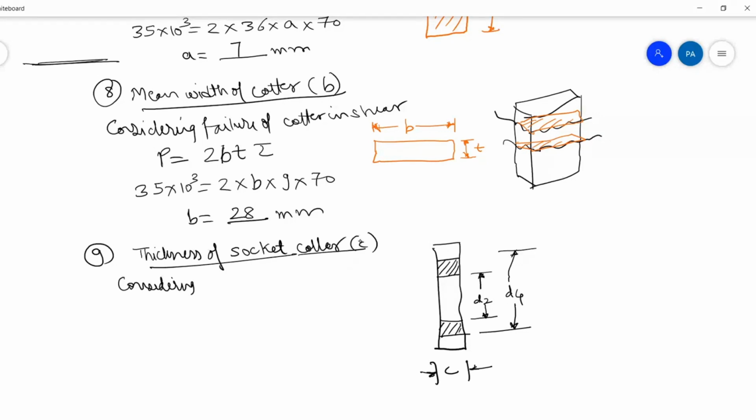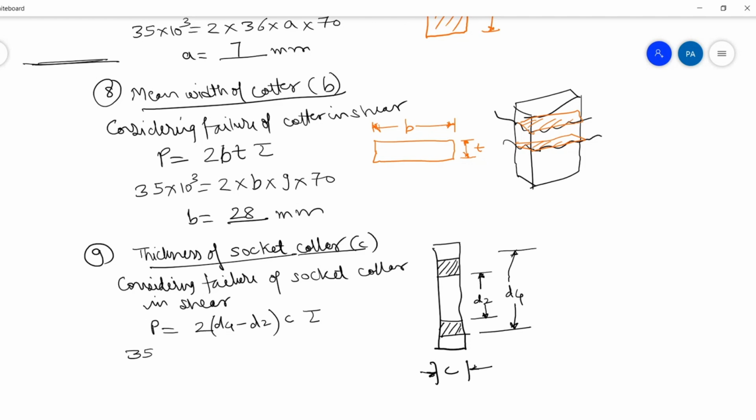Considering failure of socket collar in shear, we will get P equal to D4 minus D2 into C, double shear, tau.